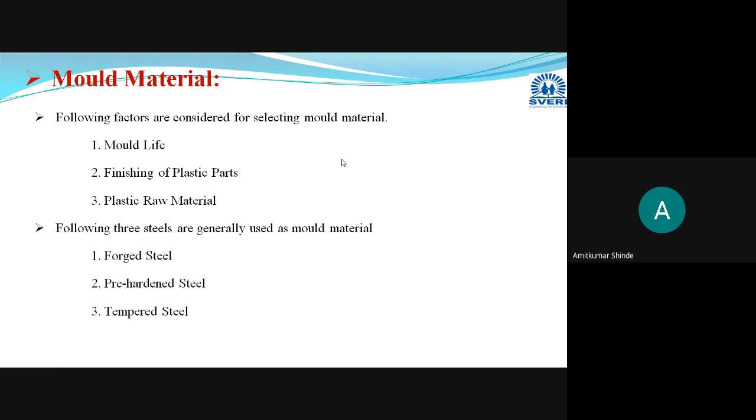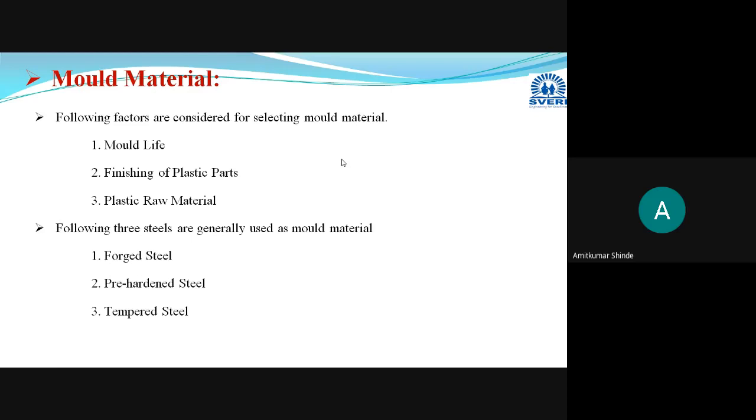Whenever you are selecting the mold material, you have to take three points into consideration. Whenever you are conducting any molding process, a mold is required, and we generally use steel, and you can go for different types of steels.